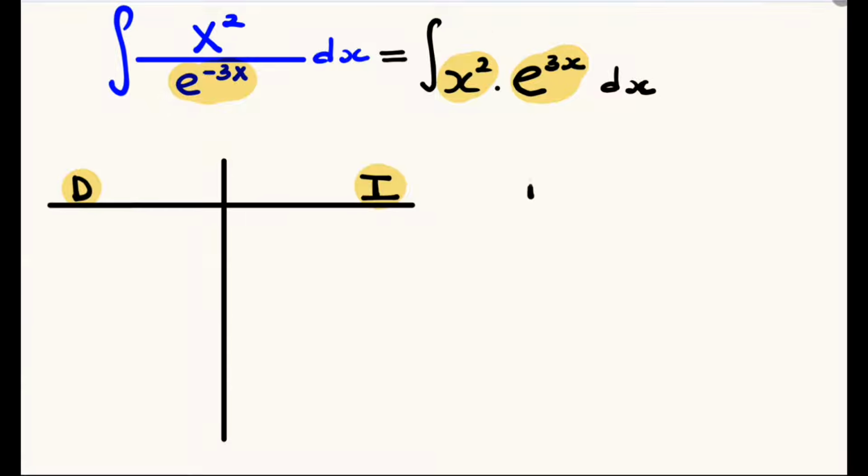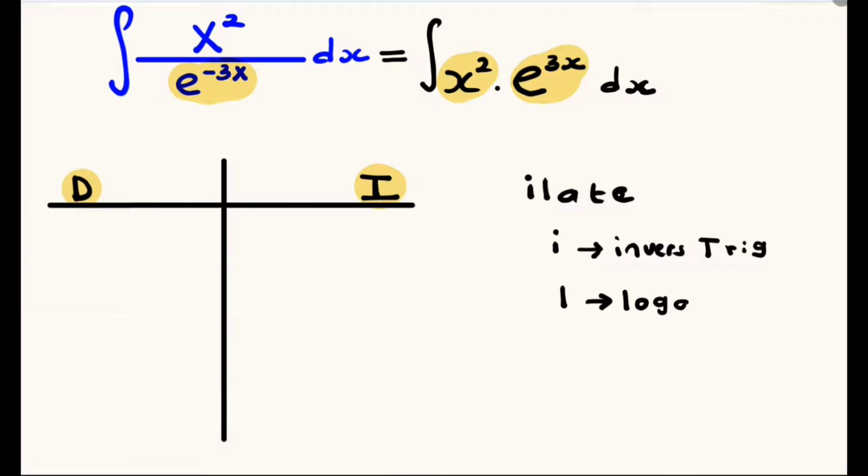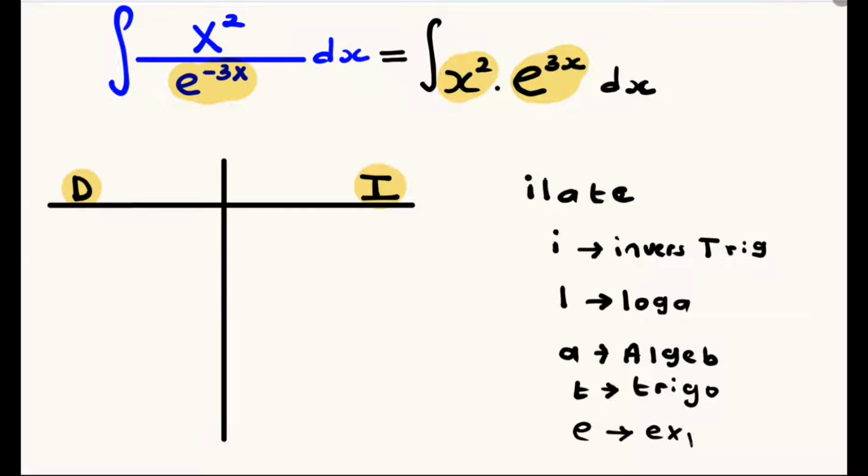We use the ILATE rule, where the I stands for inverse trigonometric function, and the L stands for logarithmic function, and the A stands for algebraic function, and the T stands for trigonometric function, and the E stands for exponential function.